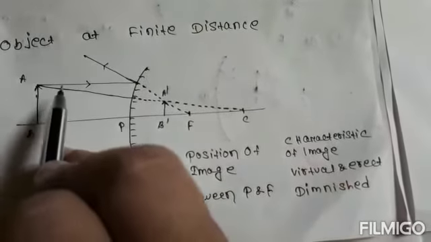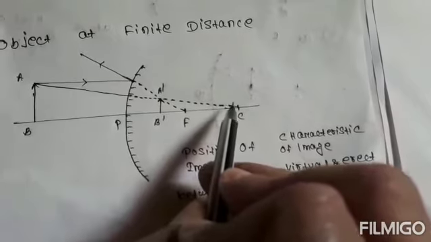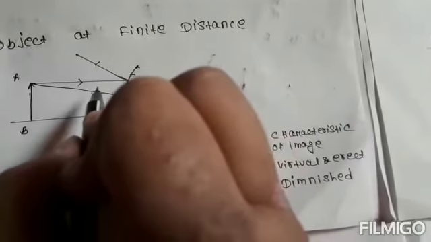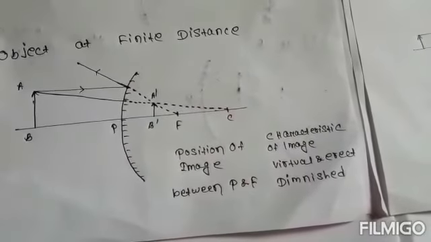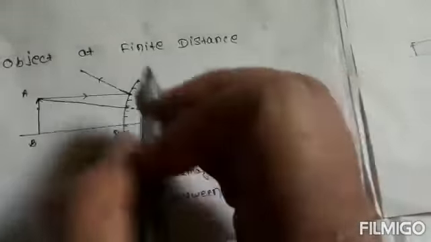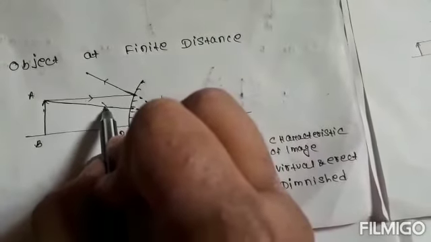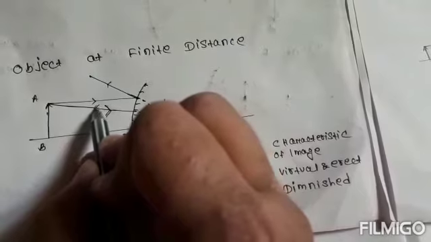Consider another ray of light that passes through the center of curvature of the mirror. We know the rule that if a ray of light passes through the center of curvature, then after reflection it comes back in the same path. So like this is the incident ray and this is the reflected ray coming back in the same path.